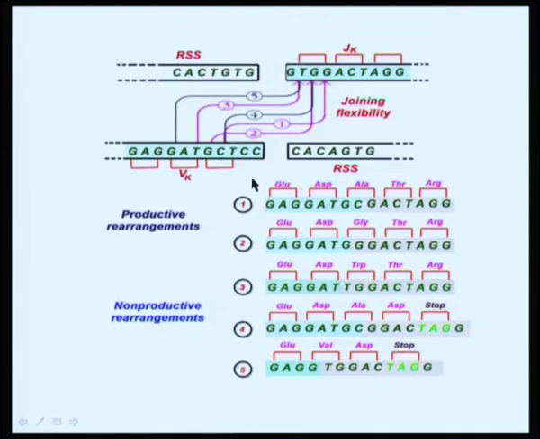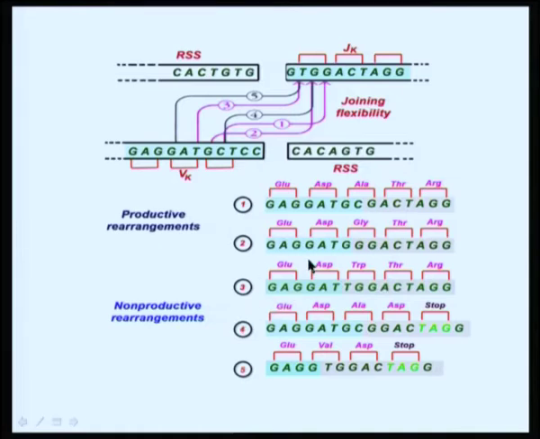This is what happened in the 5 cell lines that were then looked at, where in 2 of them the recombination failed because of the change in the reading frame, stop codons were introduced. However, productive rearrangement happened in 3.